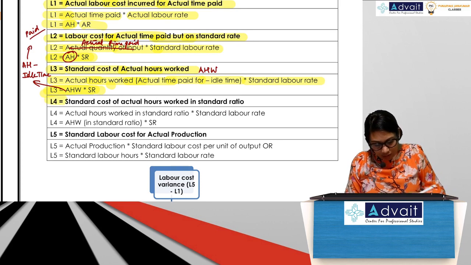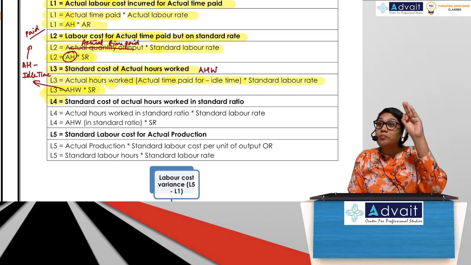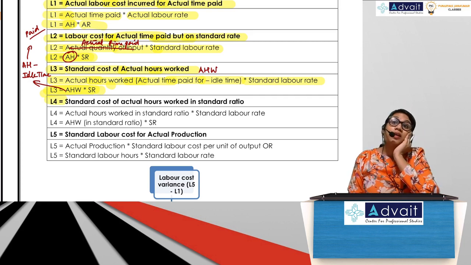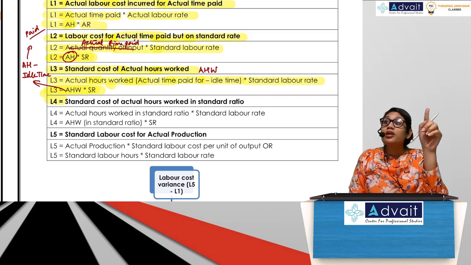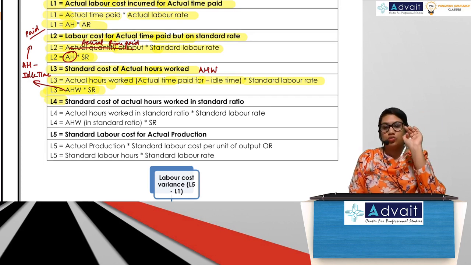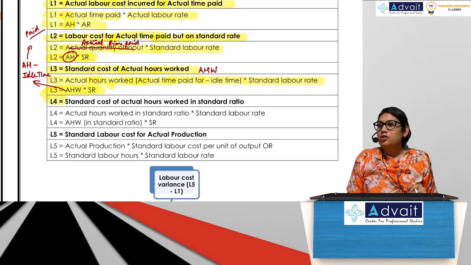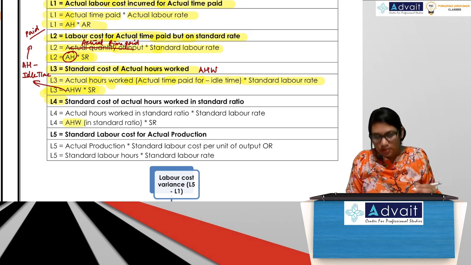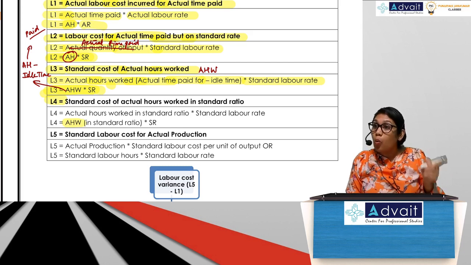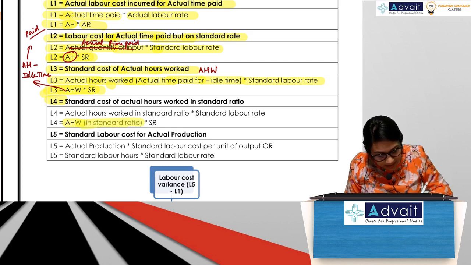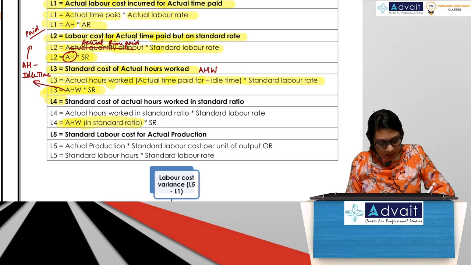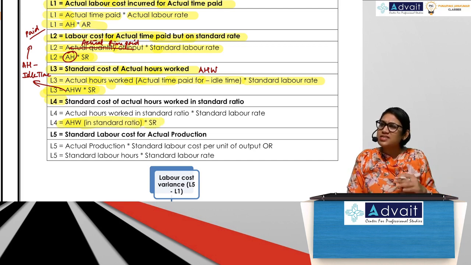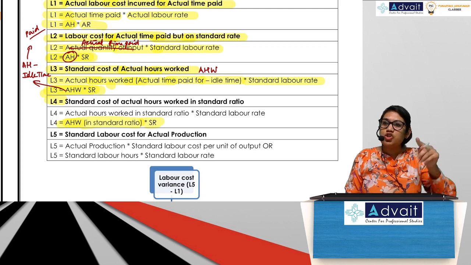Now L4, guys, is the same as M3. What is M3? Actual quantity in standard ratio. This is also the same thing. Actual hours worked, not paid. Actual hours worked in standard ratio into standard rate. Same, no change, just like M3.